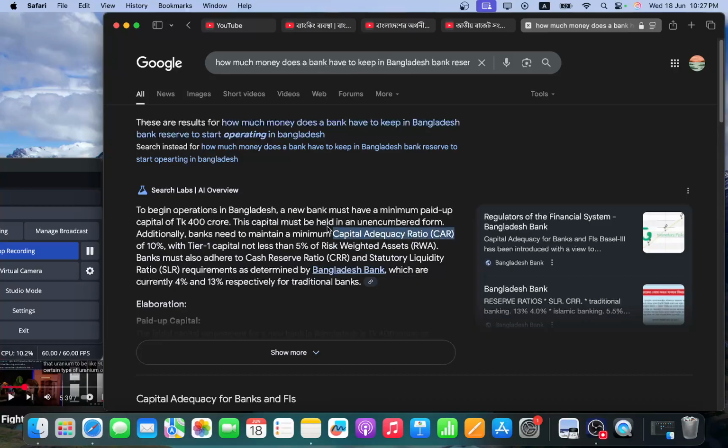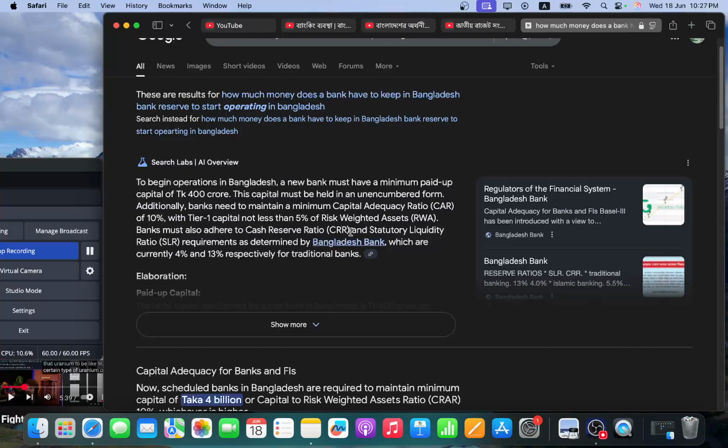I have to understand what CAR is, of 10%, with tier 1 capital not less than 5% of risk weighted assets (RWA). A bank must also adhere to cash reserve ratio (CRR) and statutory liquidity ratio (SLR) requirements as determined by Bangladesh Bank, which are currently at 4% and 13% respectively for traditional banks.